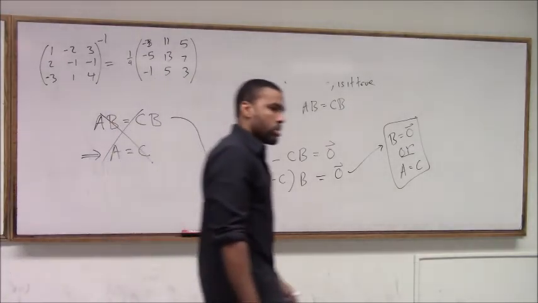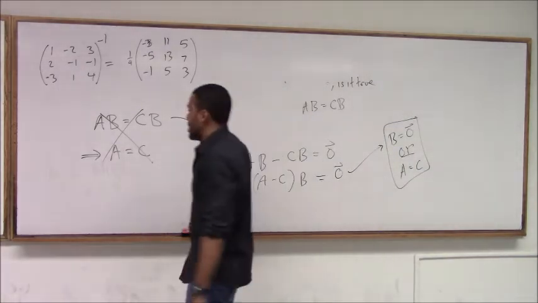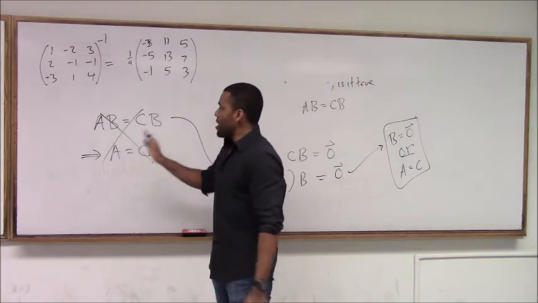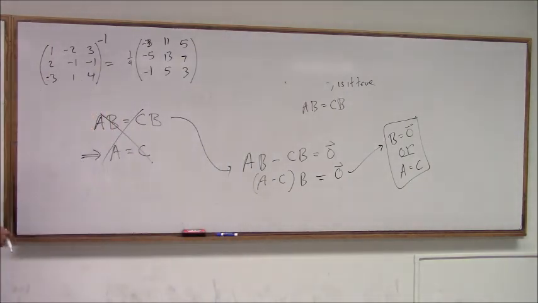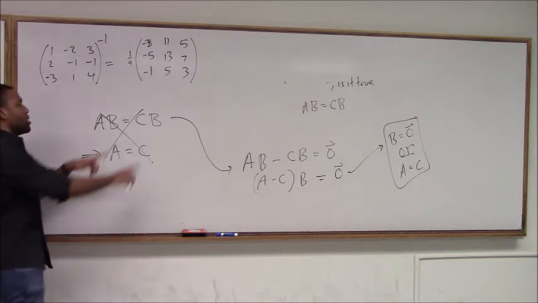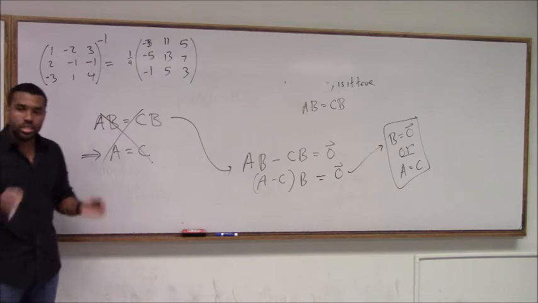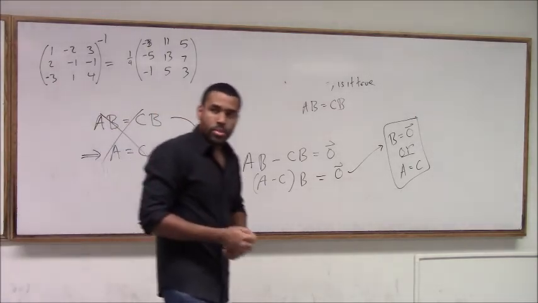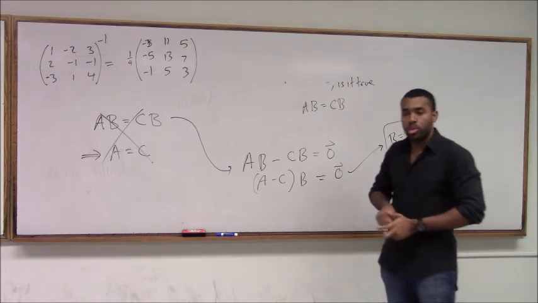So those are some examples of things you have to look out for. And don't get away from this intuition. I know that with real numbers, in the case that the B was not zero, this can basically always work. But matrices are a little bit more nuanced. So don't just assume that everything that works with real numbers will work with matrices.